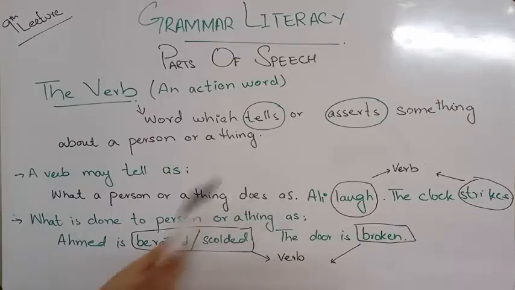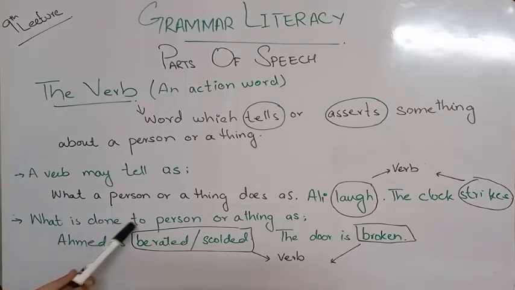These are the verbs. The second point is very important, and you have to give some emphasis to it because many times it overlaps with other ideas. What is done to a person or a thing? This is very important.